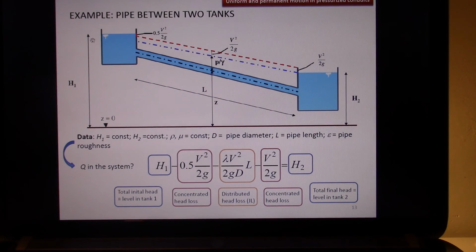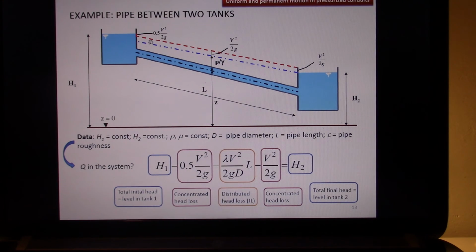In fact, you see that you start from H1, then it decreases because of the first concentrated losses, then you have a decrease with respect to this horizontal line. It's exactly equal to J times L.